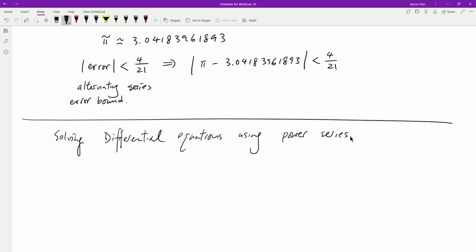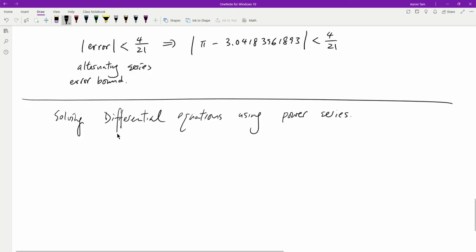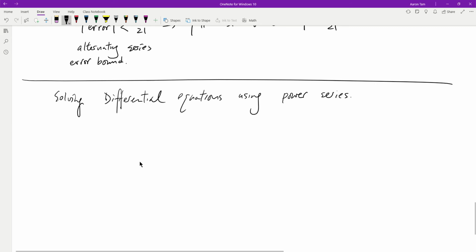The general idea here is that when we run into a differential equation that might not be solvable by other methods, we might be able to generate the solution using some kind of Taylor series or power series. Even though it doesn't give us the exact solution, it will give us a way to approximate what we need, which in some cases is good enough. So that's what we're going to figure out how to do.